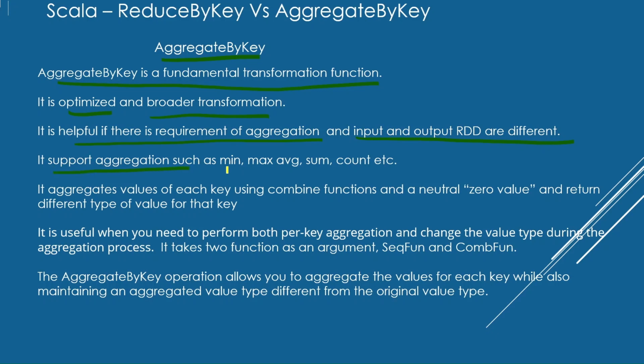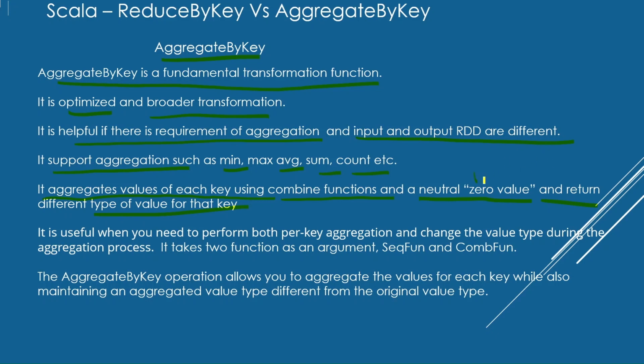It supports aggregations such as mean, max, average, and count, which we have discussed, right? So it aggregates the values of each key using a combine function and a neutral value, the zero value, and returns a different type of value for that key.